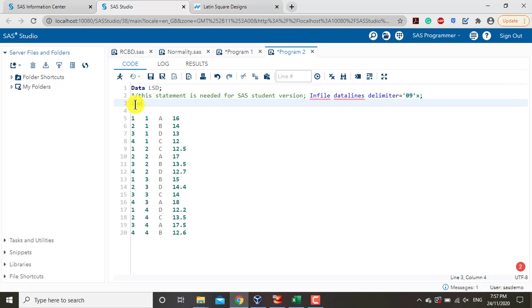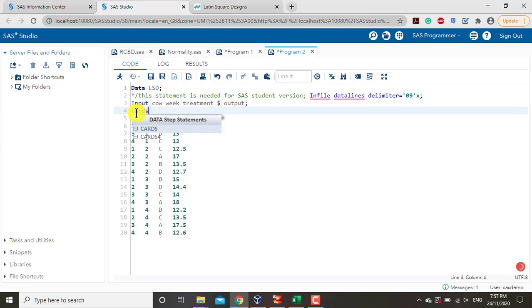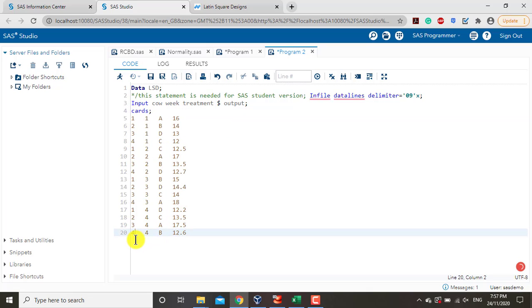Our input is, first cow, second week, and third treatment. Let's write TREATMENT, and you always need to put a $ sign because they are alphabetic, not numbers, like A, B, C, D. And then our output is in the 4th column, and then you can write cards and after the end of the data give a semicolon.